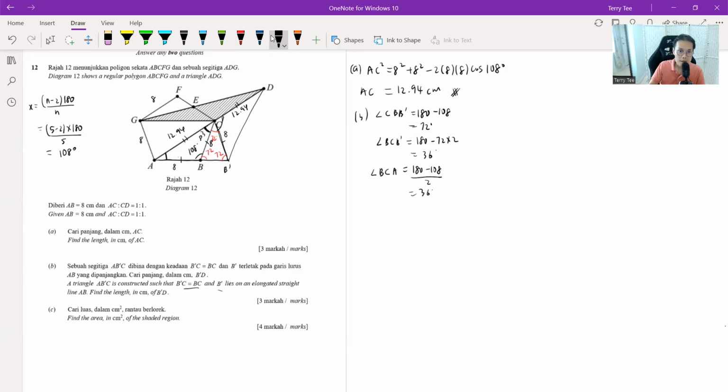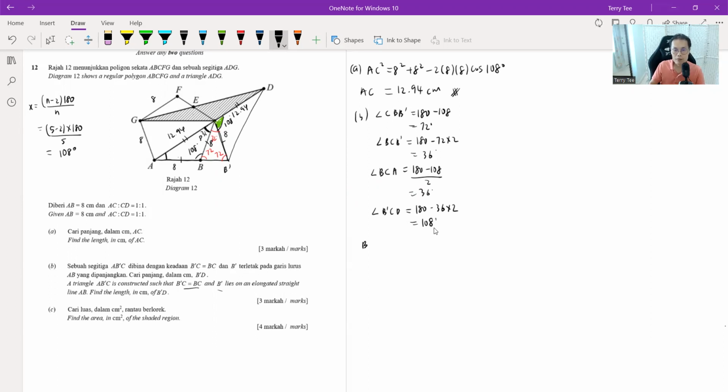So how about angle B prime CD? It is this angle over here. It is now 180 minus double 36, which is 72. Sorry, not 72. 180 minus 72, 108. So this angle is 108.